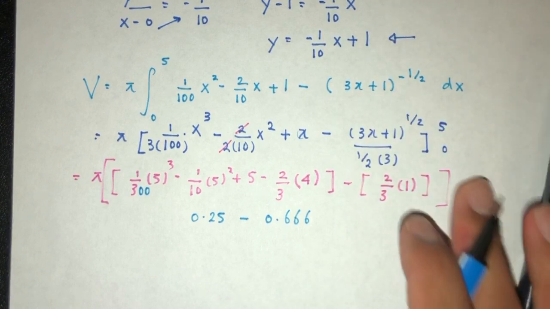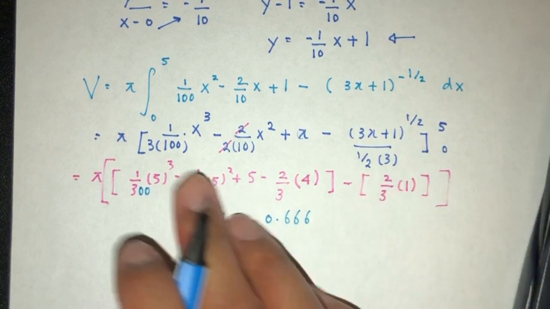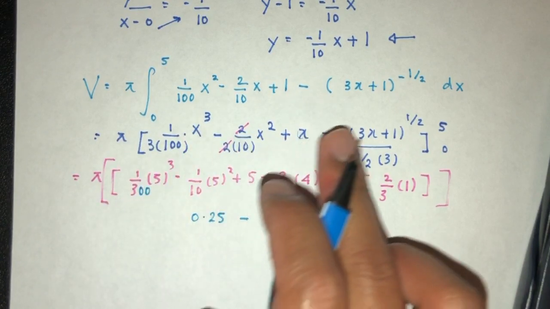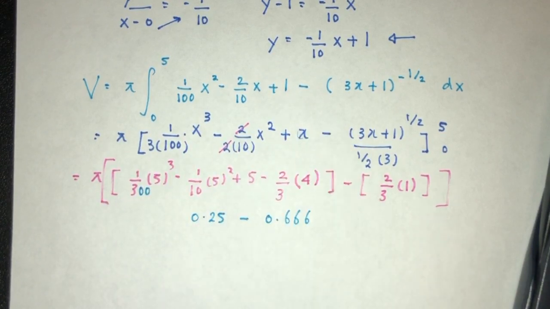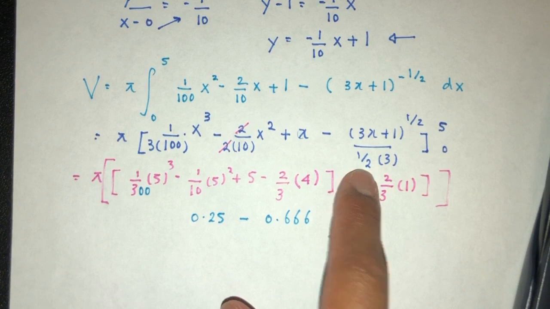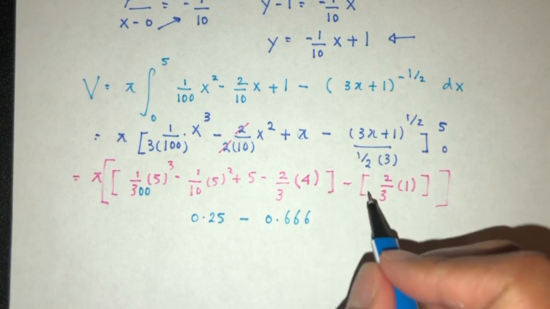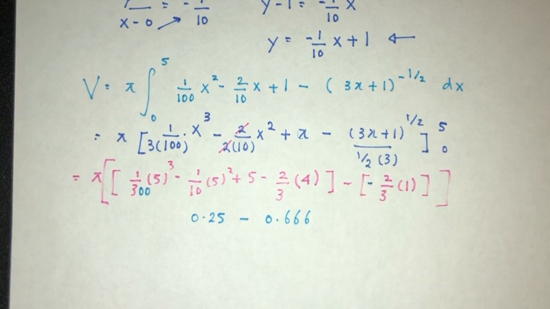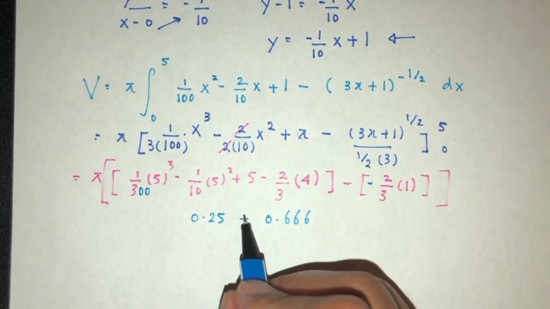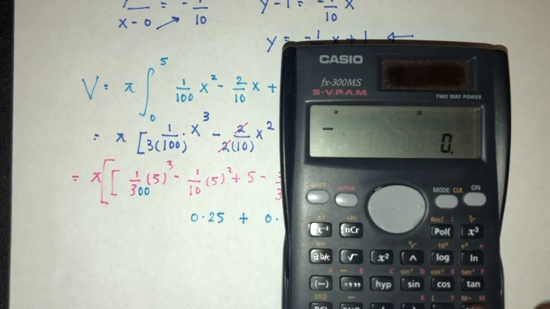Right. Now when x is equal to 0, it becomes 0, 0, 0. And the value here should be 3 over 2. So 2 over 3 times 1 should be this. Okay, I see now. So it should be minus over here. That is what I'm missing. Should be minus, should become plus. That's the only thing I'm missing.